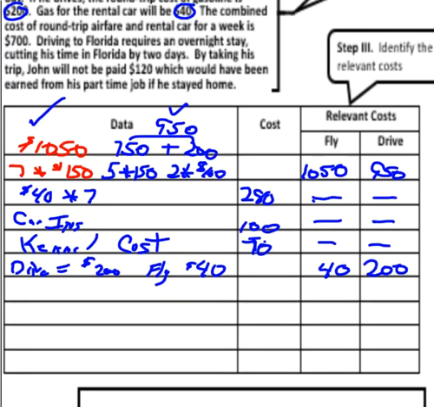Now the next element we encounter is the combined cost of our round trip airfare and the car rental for the week, which is $700. So if we fly, we're going to have a combined cost of $700.